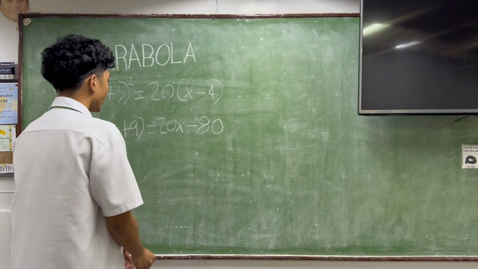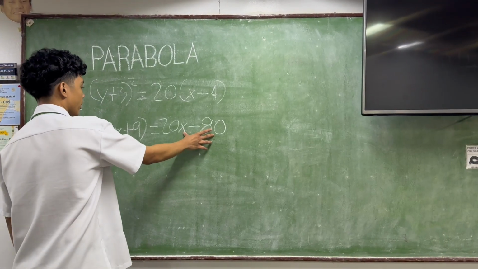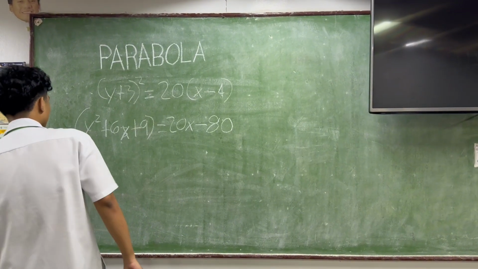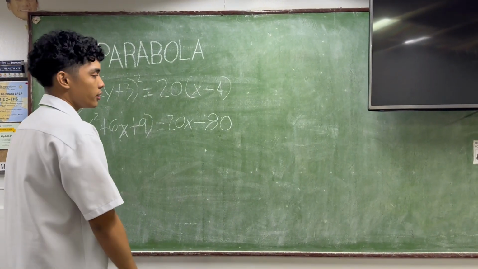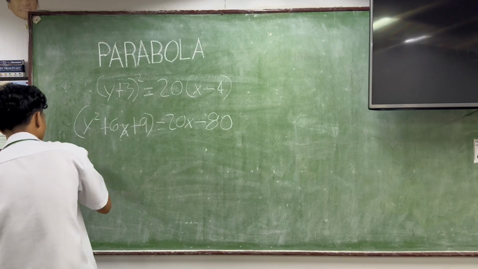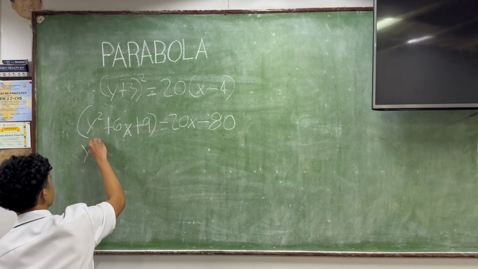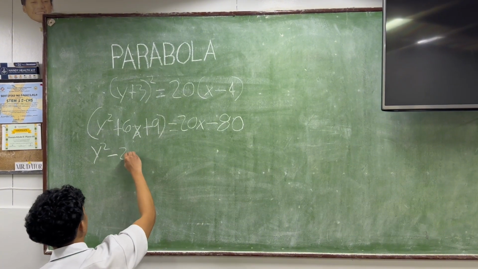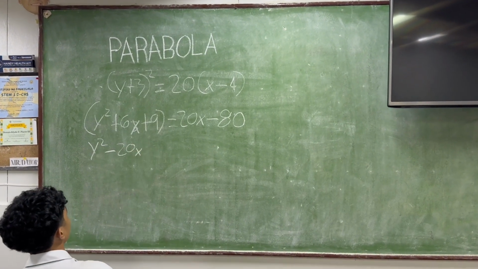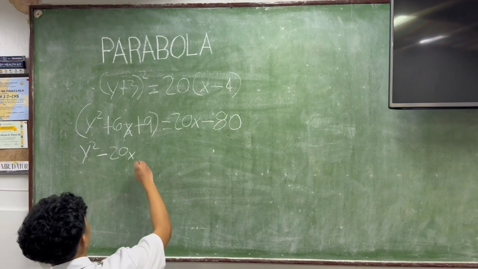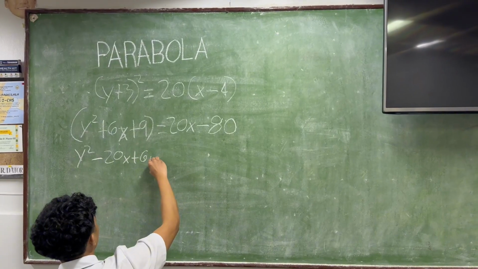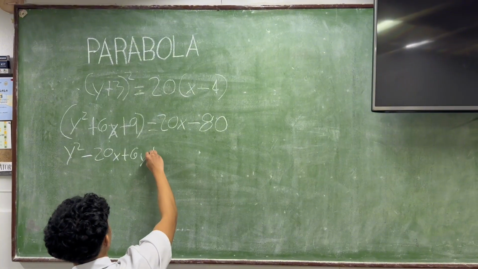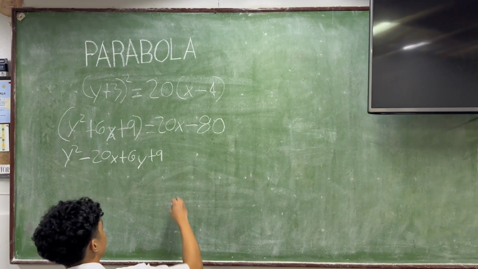Now, we can move the right hand side to the left hand side. So, now we can arrange this into general form. It's equal to y squared minus 20x plus 6y plus 9 plus 80.